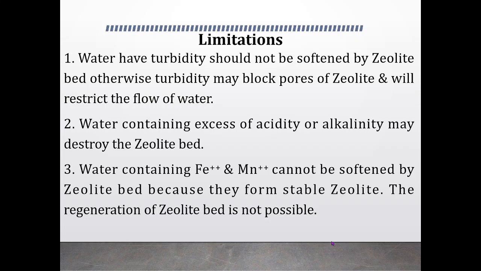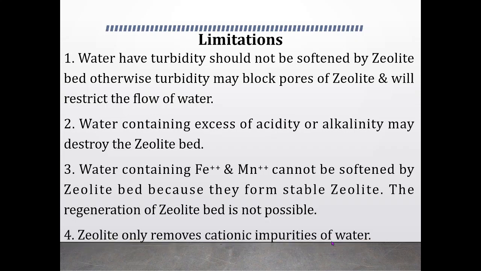Why? Because iron and manganese react with Na2Z and the formation of iron zeolite or manganese zeolite takes place, and these are stable zeolites which cannot be regenerated by any brine solution.